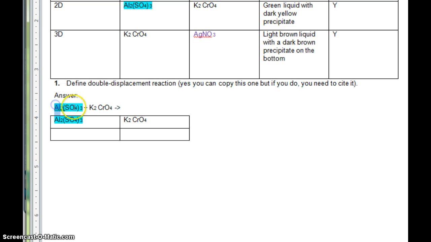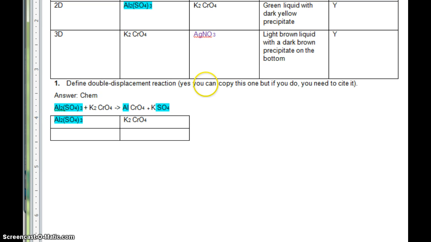And now this aluminum right here says, all right, I'm going to partner up with chromate. And what do you think the other one's going to be? What's the other chemical going to be? Well, it's going to be the potassium. And who's it going to partner up with? The SO4. Yeah, so they swapped partners. Now, if you notice, you always write the positive one first. So if it was first in this compound, it has to be first in that compound too. And that's a double displacement reaction.